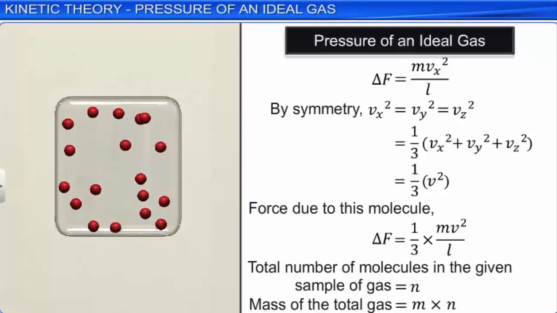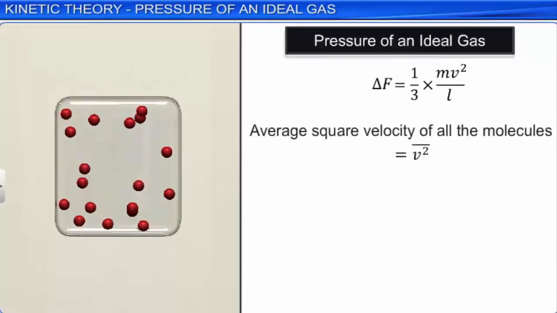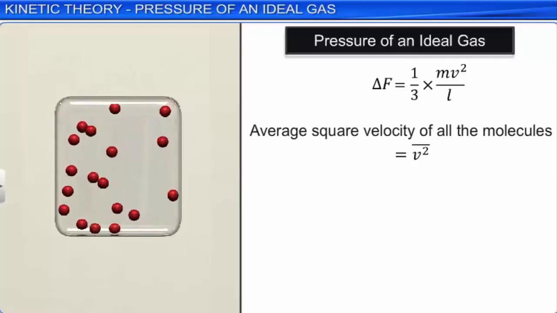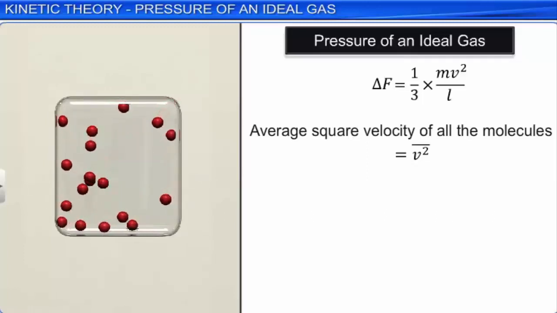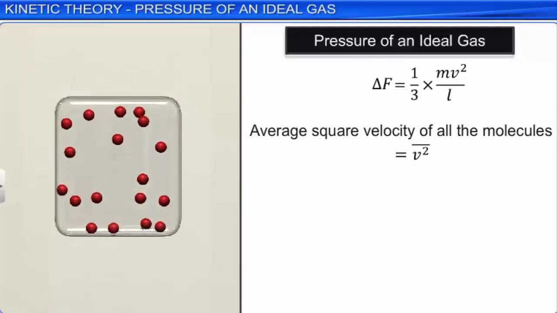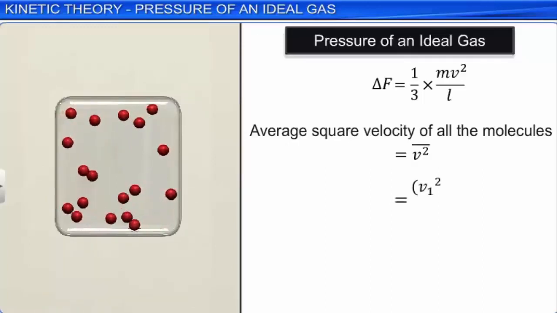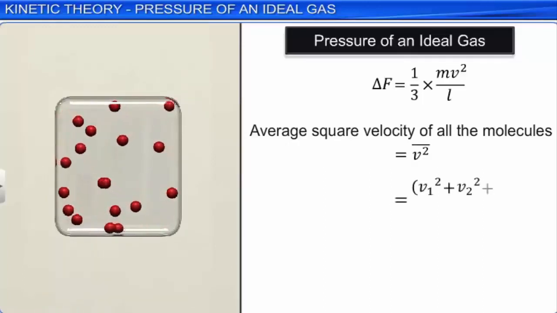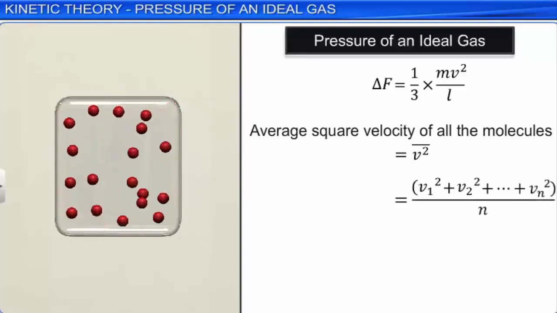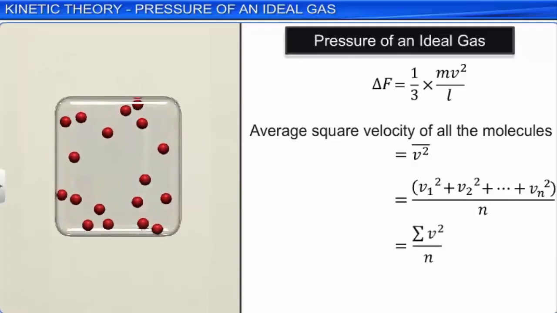The average square velocity of all the molecules of the gas is equal to the sum of the squares of the velocities of individual molecules divided by the total number of molecules, that is, V square bar is equal to V1 square plus V2 square plus so on plus Vn square, the whole by n, which is equal to sigma V square by n.